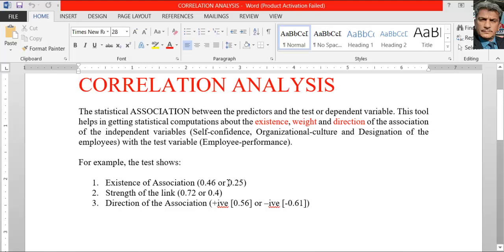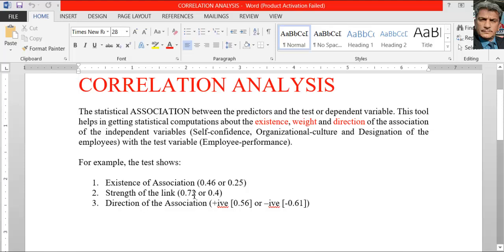However, 0.46 is greater than 0.25, and 0.25 is not acceptable in social sciences because, as per experts, the minimum R score should be 0.3. So 0.46 is acceptable while 0.25 is not acceptable in terms of the existence of association. On 0.25 we shall declare that there is no association between the two variables.